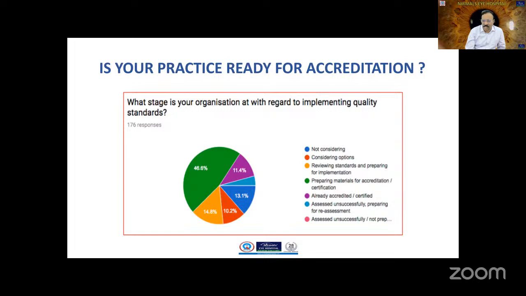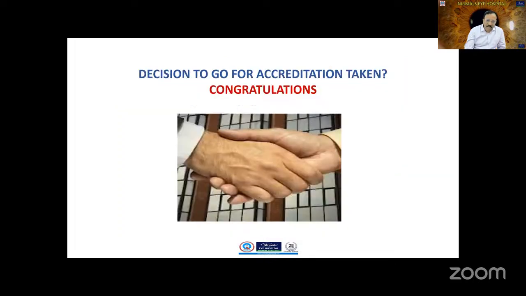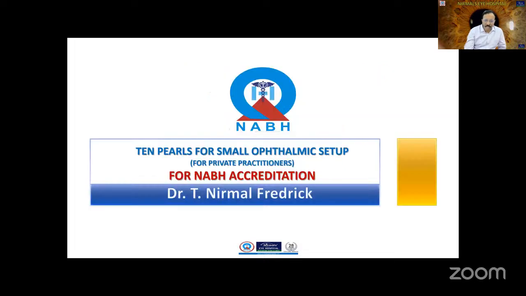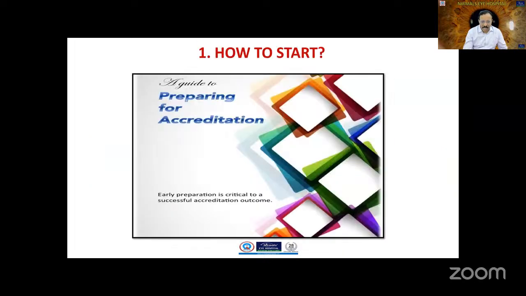This is among the young ophthalmologists. If you see, 50% want to go for accreditation and 10 to 15 have already been assessed or accredited. Once you decide to go for accreditation, it is indeed a big step, so it needs certain important aspects to understand other than the things I have listed so far.